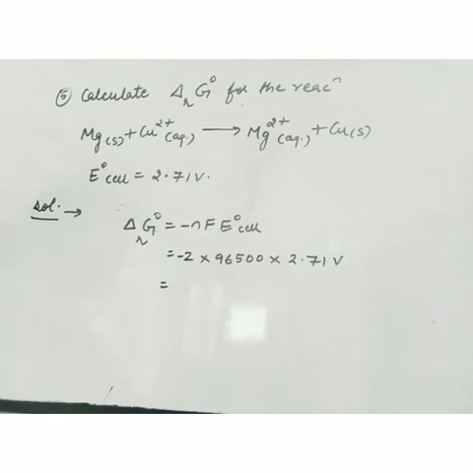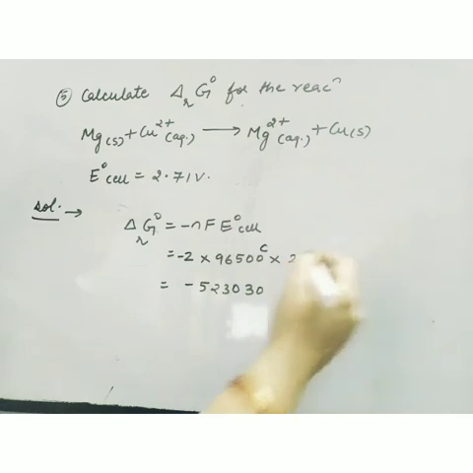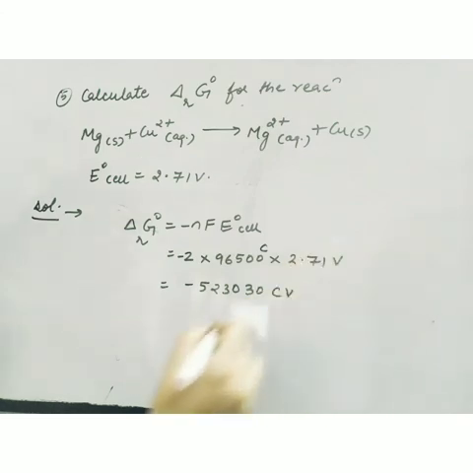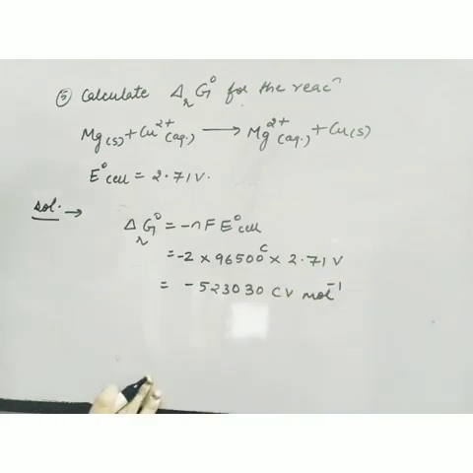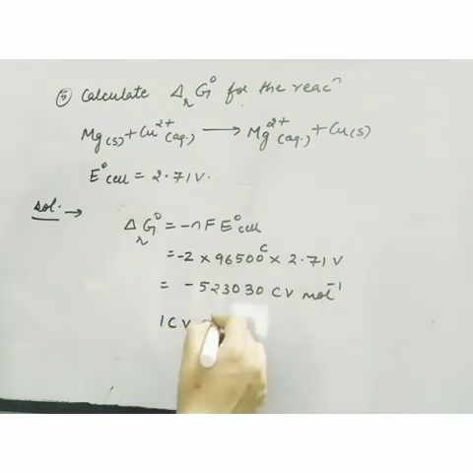So simply we'll multiply these numbers and the answer will be minus 523,030. But the main problem is it is in coulombs, it is in volt. So it is coulomb volt per mole. And we know the unit of energy is joules. But the conversion factor is 1 coulomb volt is equal to 1 joule.